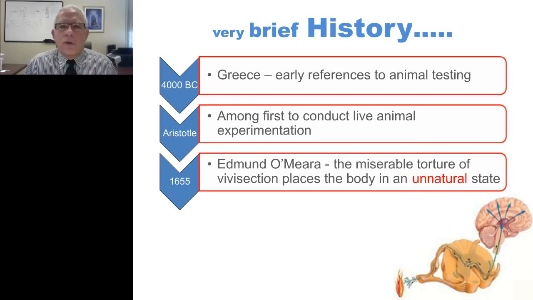So, very brief history. The earliest manuscripts related to animal testing date back to 4000. Aristotle was one of the first to conduct live animal experimentation. But I want you to pay attention to this individual by the name Edmund O'Meara, who said that the miserable torture of vivisection places the body in an unnatural state.